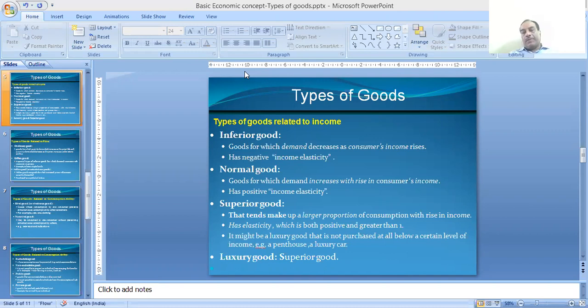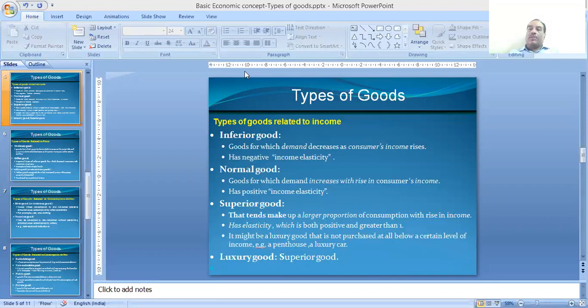So the elasticity for superior goods is positive and always greater than 1, and it might be a luxury good that is not purchased at all below a certain level of income, for example a penthouse or a luxury car.